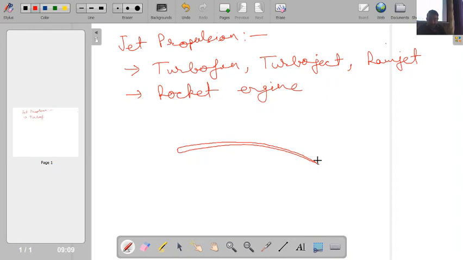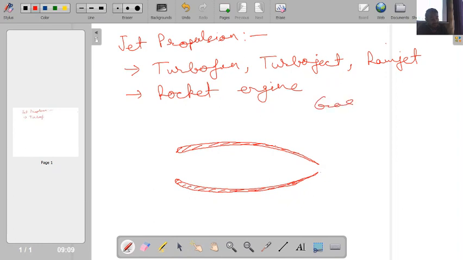What are different components of a jet engine? Tell me. Do you have any idea about jet engines? In aeroplane, what type of engines are used? Do we use reciprocating engines in aeroplanes? Then what type of engines?